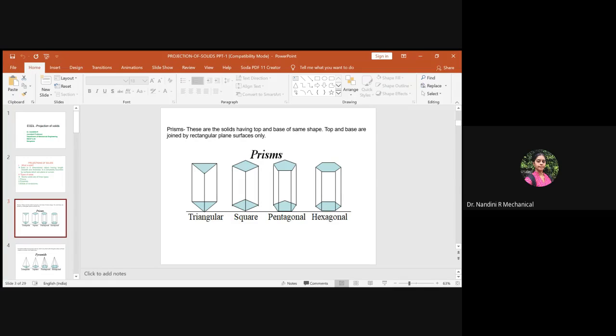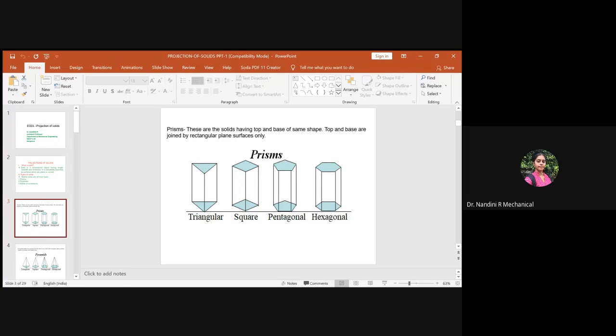Next is our square prism. How does a square prism look like? A square prism will have a square lamina at the bottom and a square lamina at the top, or you can call it a square surface at the top and a square surface at the bottom. These two surfaces will be bounded with the help of rectangular surfaces.